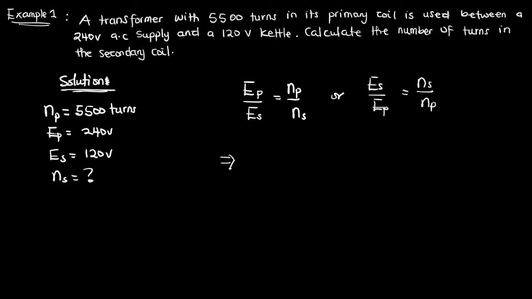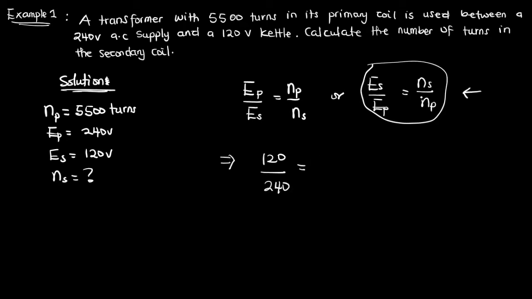So let's do our substitution. Let me use this one for the sake of consistency. Our secondary EMF is what we said, 120, over our primary EMF, which we have here as 240.